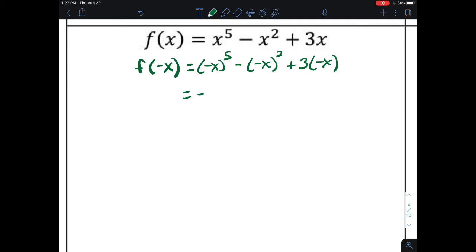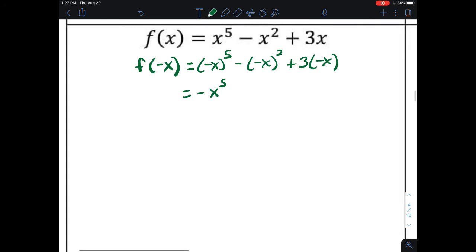Well, so we'll simplify. Negative x to the fifth is the same thing as negative 1 times x to the fifth power, minus negative x being squared, so that's going to make minus x squared, and then minus 3x.